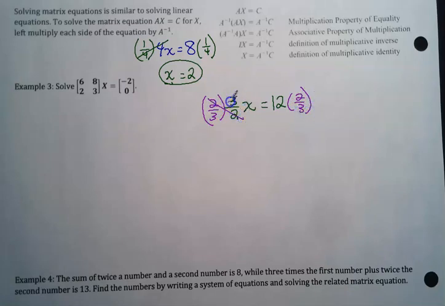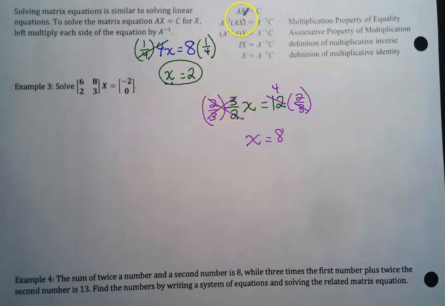So the 2's would cancel, the 3's would cancel, we would still be left with x. And then 12 and 3 would cancel, right? This would be 4. 4 times 2 would be 8. So it is the same thing as if we solved a linear equation, but a lot of times we don't use the multiplicative inverse or the reciprocal unless it's a fraction.